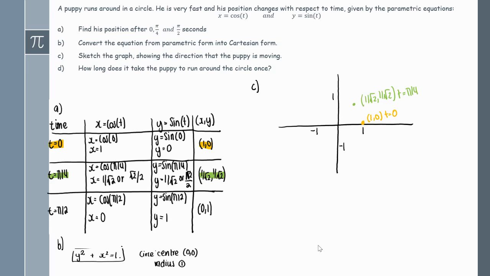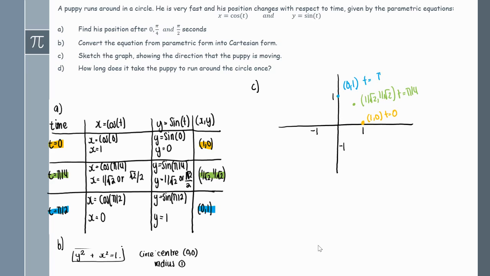And then lastly, we have t equals pi on 2. That will be 0, 1, all the way up the top. Now know that we get bigger and bigger. So time 0, pi on 4, pi on 2.